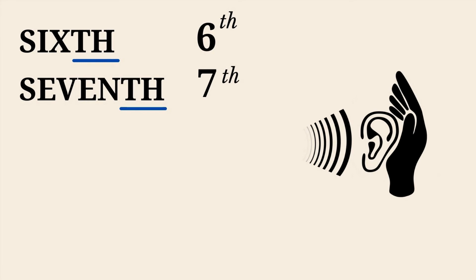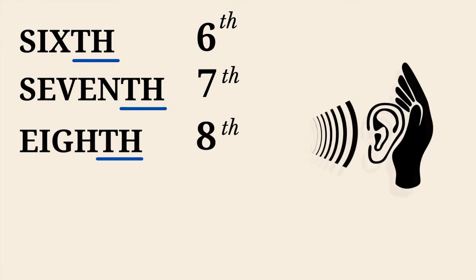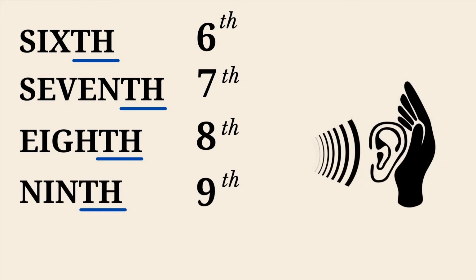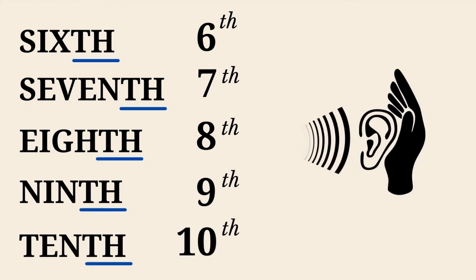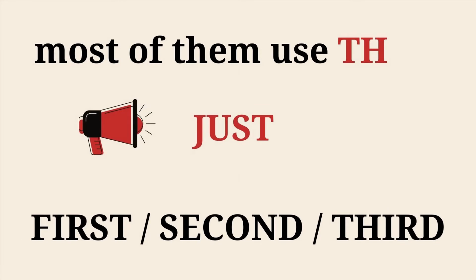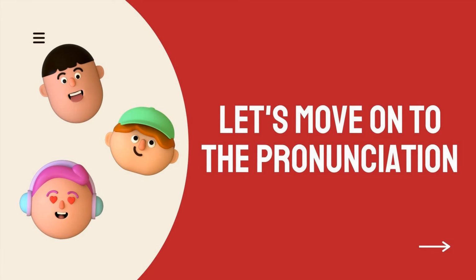Seventh, 8th, 9th, and 10th. TH, of course. So you can see most of them use the TH, just the first, second, and third: ST, ND, and RD. You have to be careful.